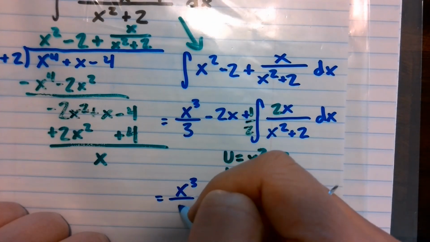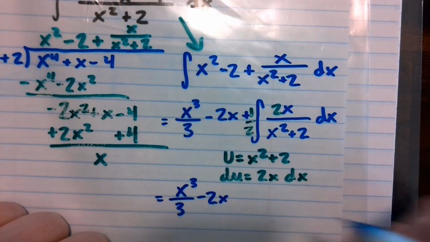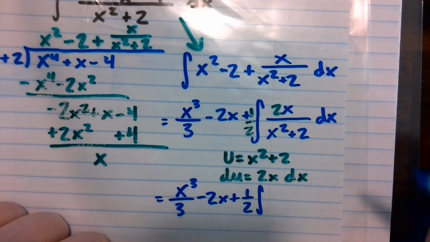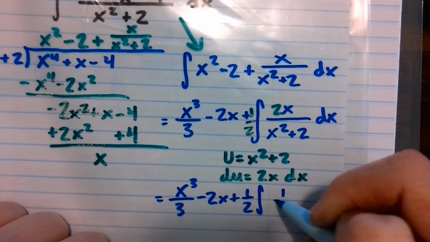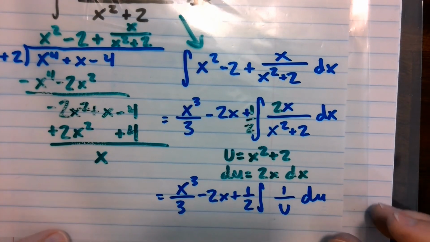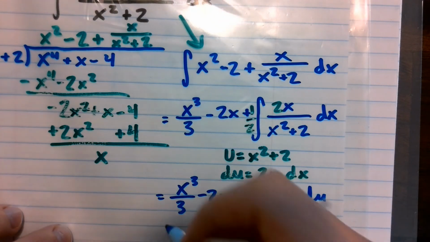So I've got my x to the third over 3 minus 2x. I'm still integrating with this, but I want to go ahead and do my u substitution. I'm going to have that 1 over u du. And now I can go ahead and integrate.